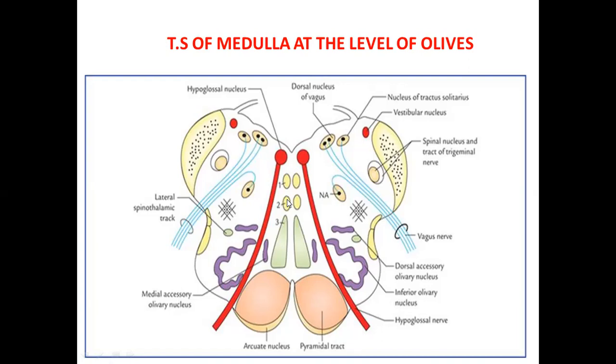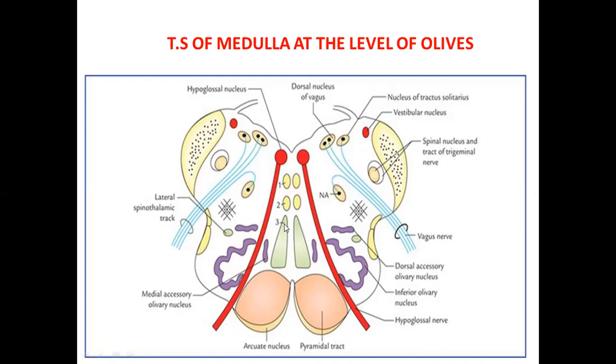Number 3, we have the medial lemniscus. So this is the arrangement in the paramedian region. From dorsal to ventral aspect, we have the medial longitudinal fasciculus, then the tectospinal tract, then the medial lemniscus.